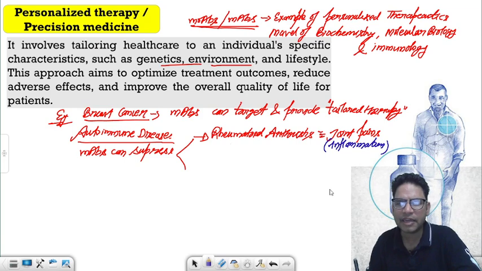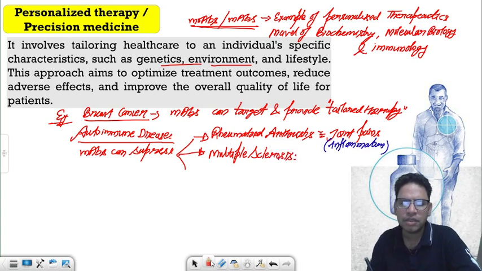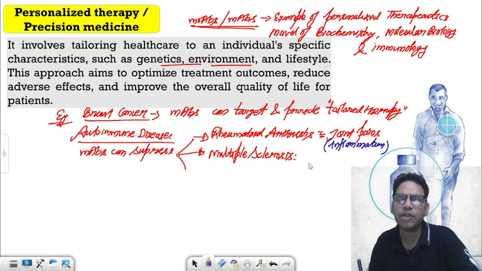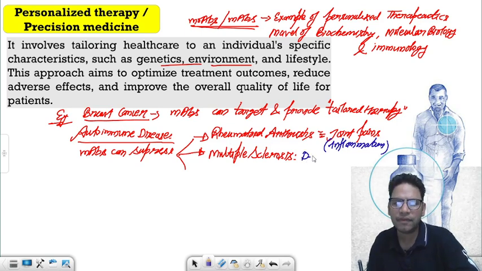Another autoimmune disease, for example, is thyroid disease. For example, multiple sclerosis, a very serious problem. In multiple sclerosis, our immune system causes demyelination of neurons.